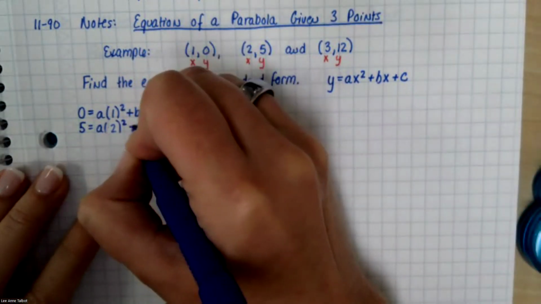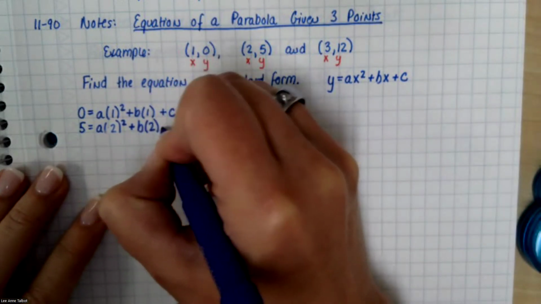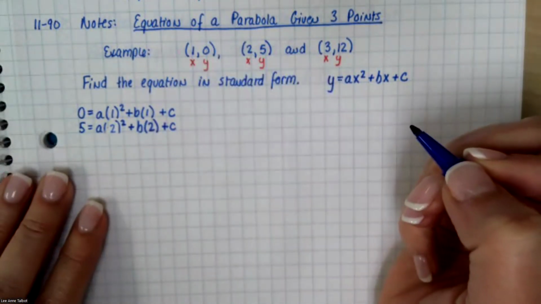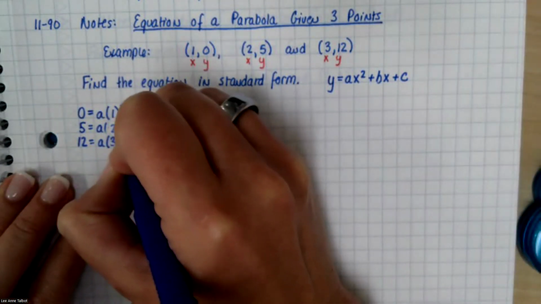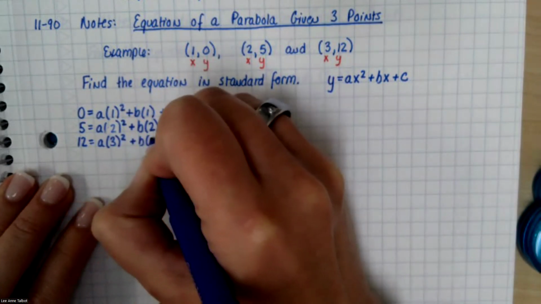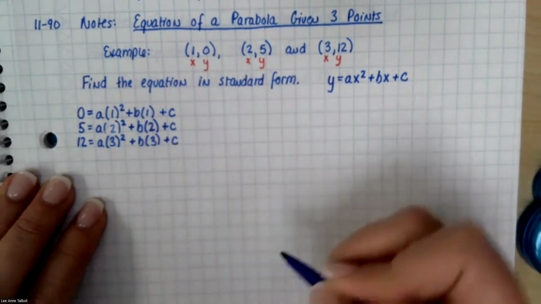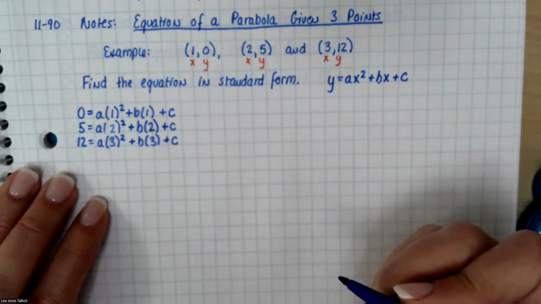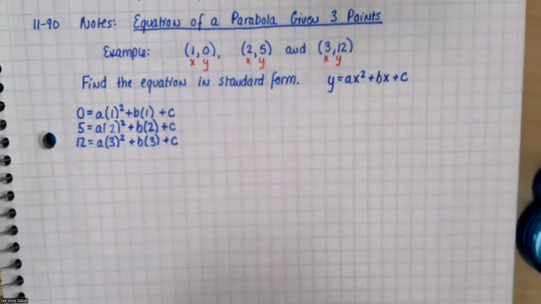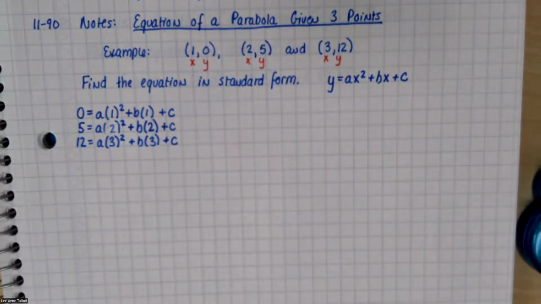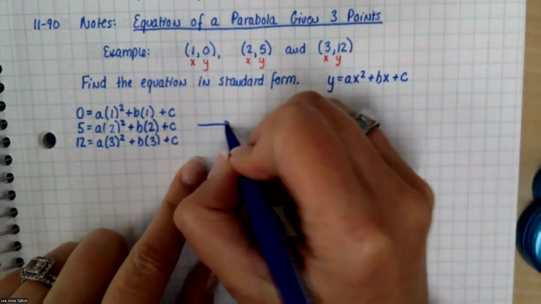Two squared plus B times 2 plus C. 12 equals A times 3 squared plus B times 3 plus C. You guys have any questions about how I got those three equations? Does that all make sense? Okay, now I'm going to simplify those.